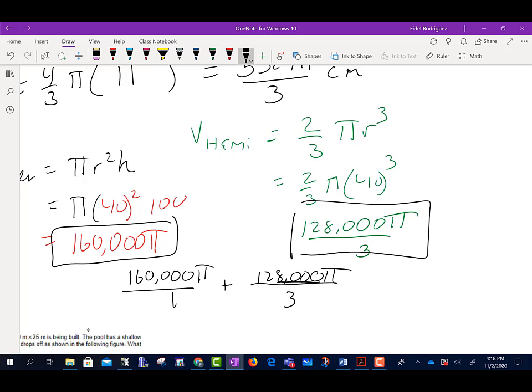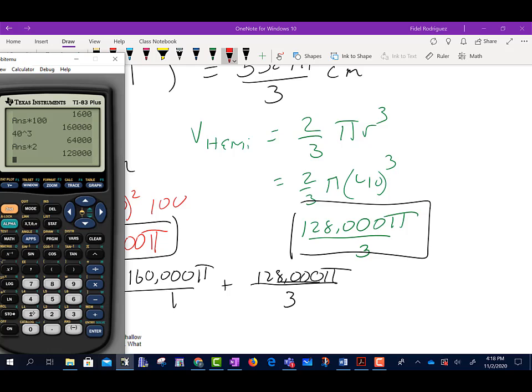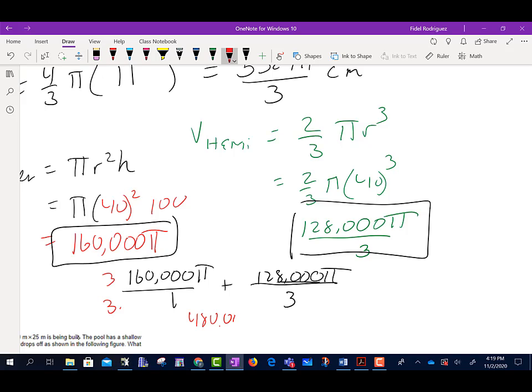My common denominator here, guys, is going to be 3. So I'm going to multiply the bottom by 3 and the top by 3. So if I take 160,000 and multiply it by 3, that's giving me 480,000. So this is 480,000 pi over 3 plus 128,000 pi over 3.